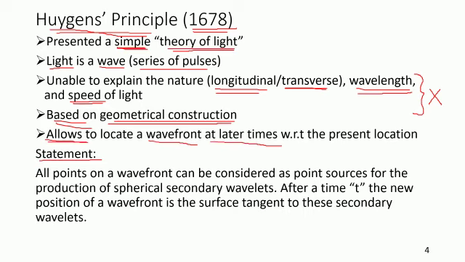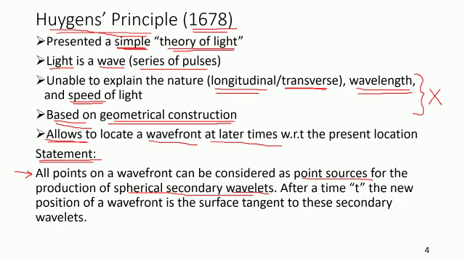Come to the statement of this principle. According to this principle or theory of Huygens, all points on a wavefront can be considered as point sources for the production of spherical secondary waves, which are called wavelets.